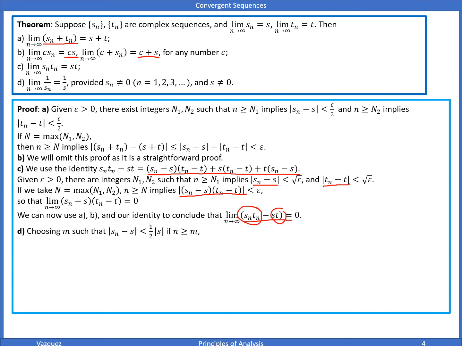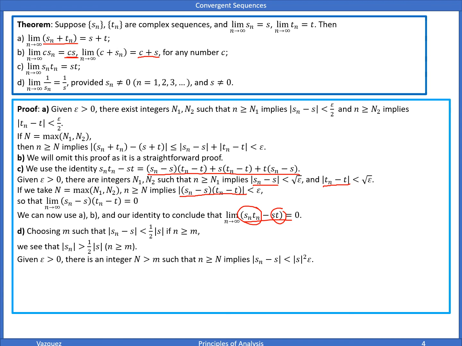Finally, D, the limit of 1 over S sub n is equal to 1 over S. This one is not difficult, but it does require some algebra. So choosing m such that the distance between S sub n and S is less than 1 half times the absolute value of S, if n is greater than or equal to m, we get what? We get that the absolute value of S sub n is greater than 1 half times the absolute value of S, where n is greater than or equal to m.